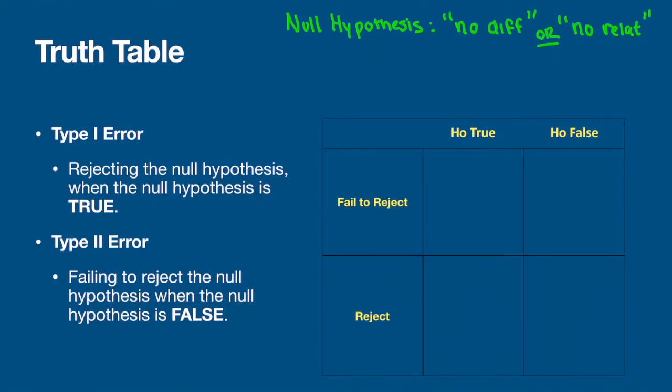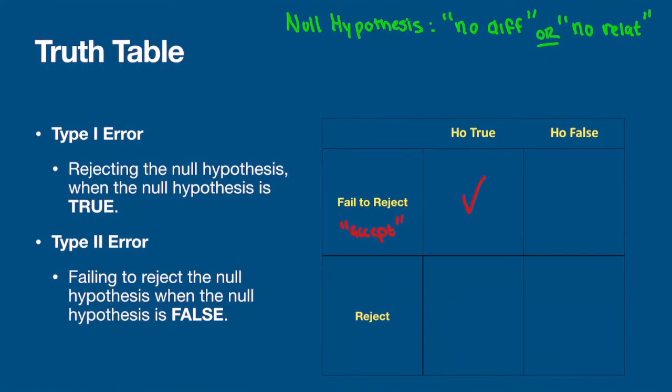So again, as we think through this, if we come to find out that a null hypothesis statement that has one of these two phrases is true, what we should do is fail to reject that statement. So in other words, if a null hypothesis is true, we're going to essentially accept that statement.